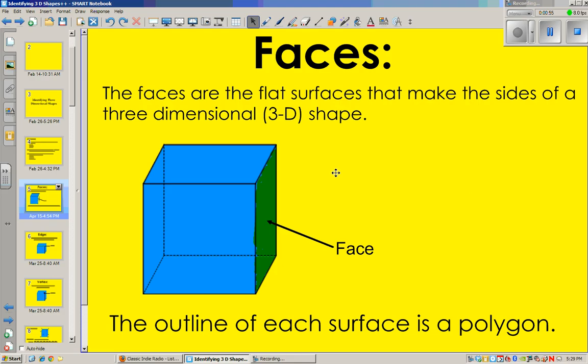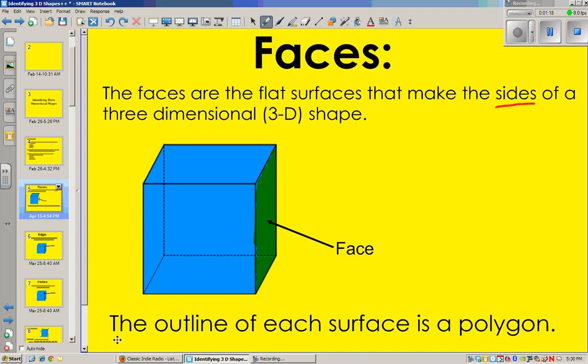So, starting with the first objective, faces. The faces of a three-dimensional figure are also known as the sides. You can see here I've highlighted a face in green. The rest of this figure is blue. This is just one of its faces.